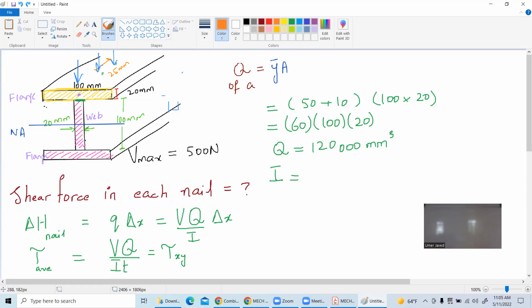Give it a try. You said bh over 12? It is bh cube over 12. I'm making you do it because these are the places where we all tend to make mistakes.